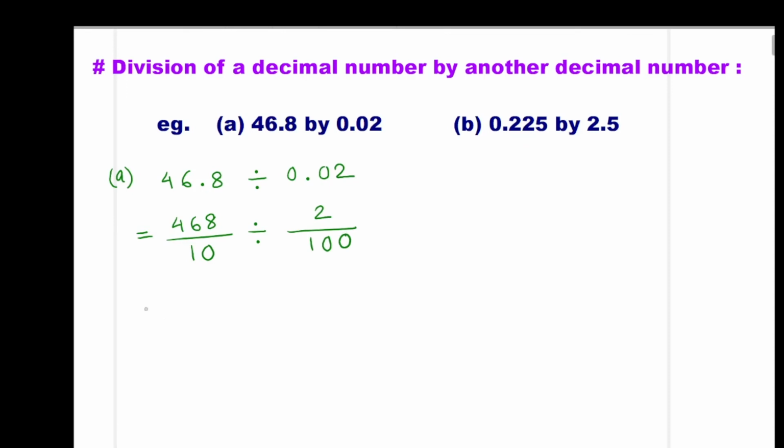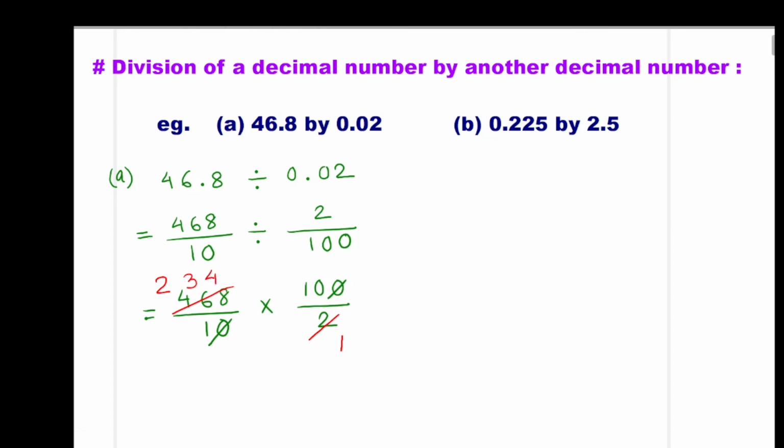Next, 468 by 10 into 100 by 2. The 0s will be cancelled out. Then 2 1s are 2, 2 2s are 4, 2 3s are 6, 2 4s are 8.